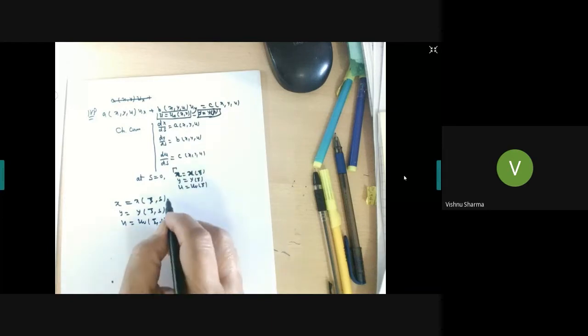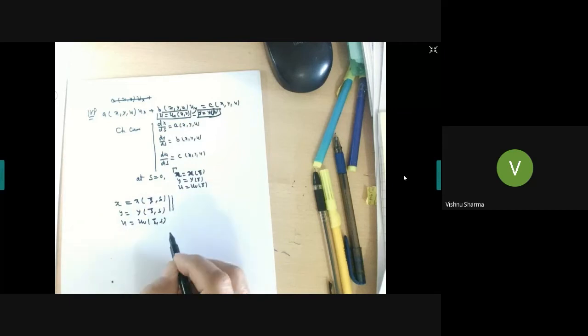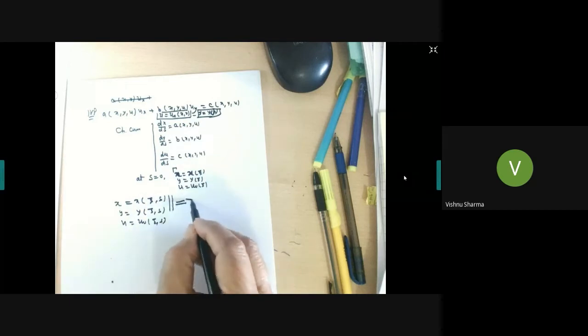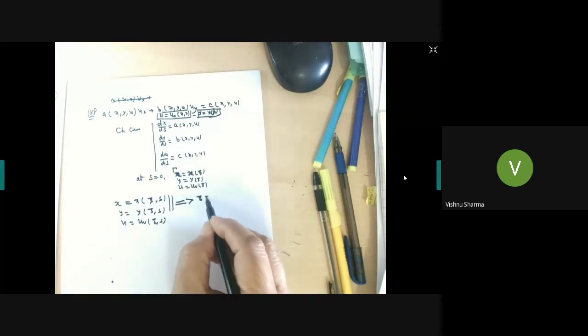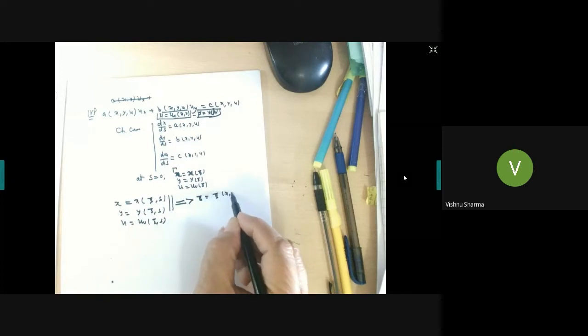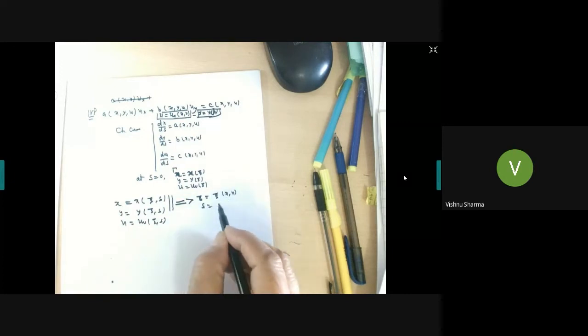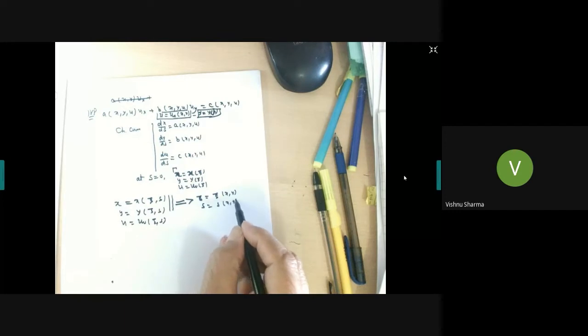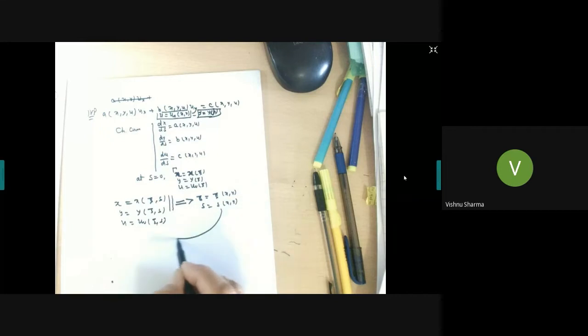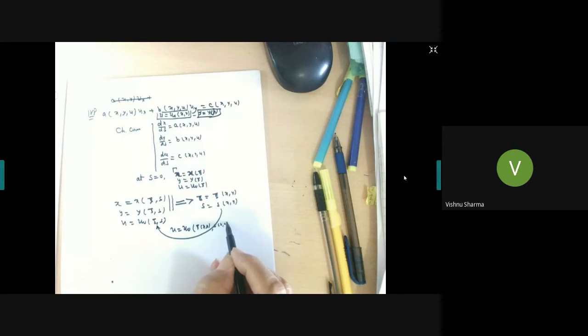If I am able to solve these first two equations, that is, solve xi as a function of x and y and s as a function of x and y, then I can substitute these values here to get the solution: u is equal to u naught, with xi a function of x and y, and s a function of x and y. So eventually this is a function of x and y.